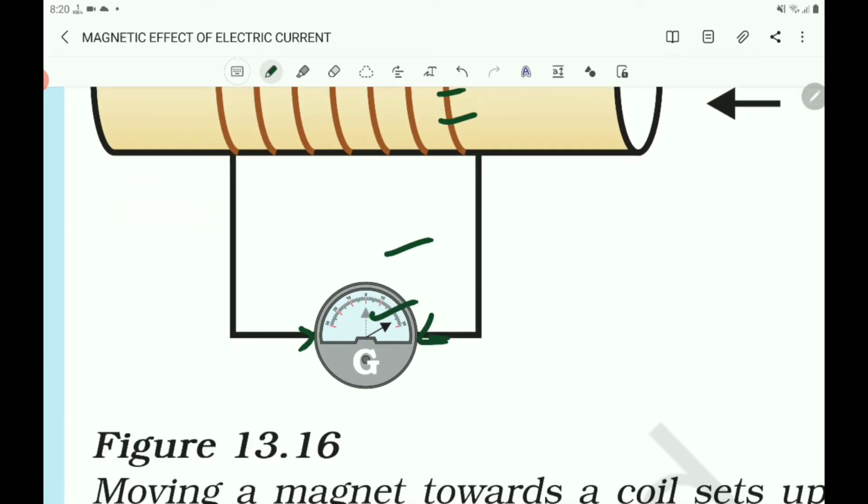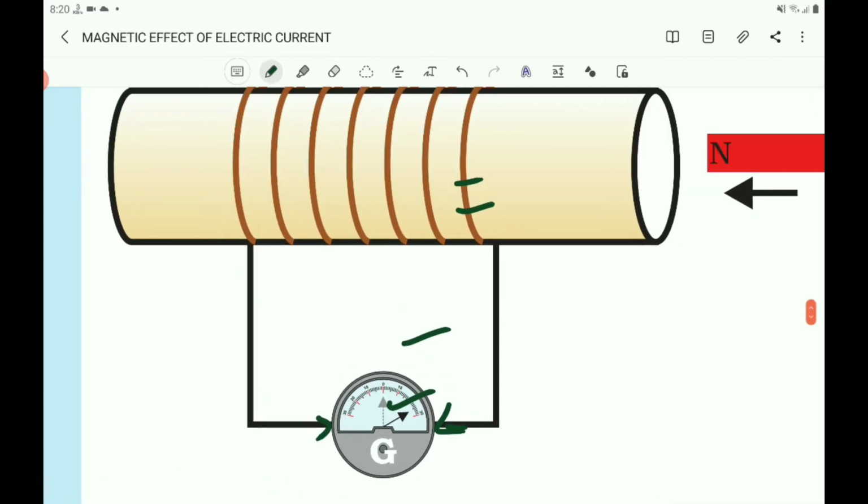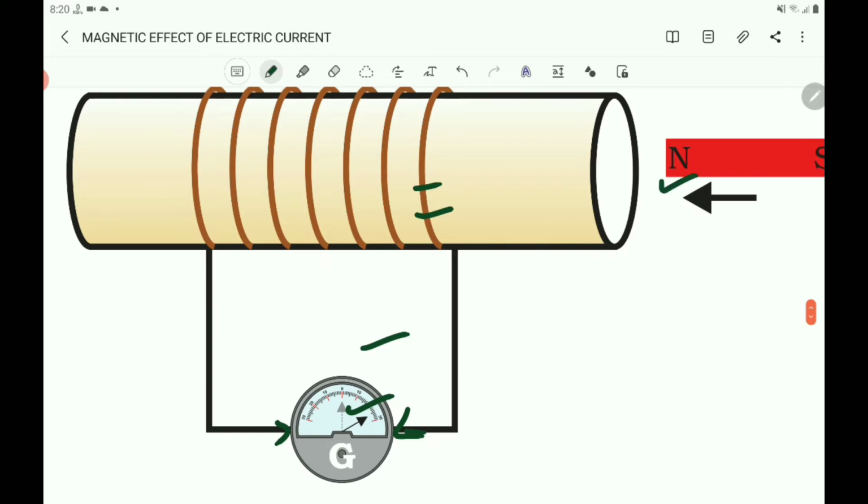Here is a galvanometer. Connect the ends of the wire to the galvanometer. Take a strong bar magnet and move its north pole towards the end B of the coil, and observe the deflection in the galvanometer. You will find the deflection in the needle of the galvanometer.